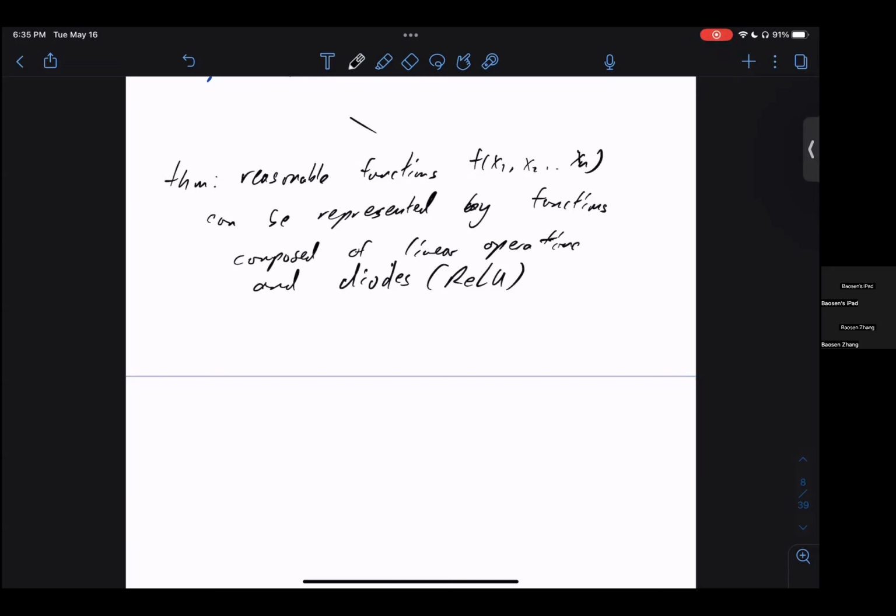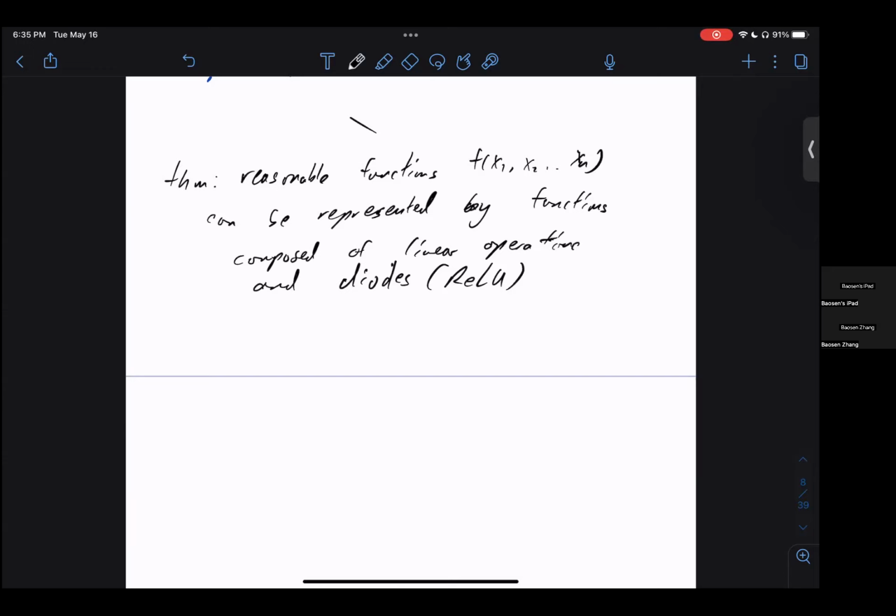And a Taylor expansion works if you don't deviate too far from the point where you're doing the expansion. So a Taylor expansion is good if you look at a small region. This neural network is basically doing the same thing.